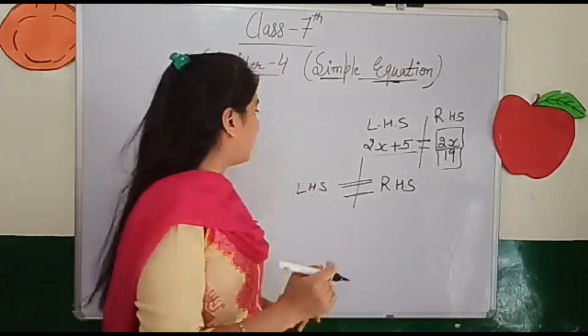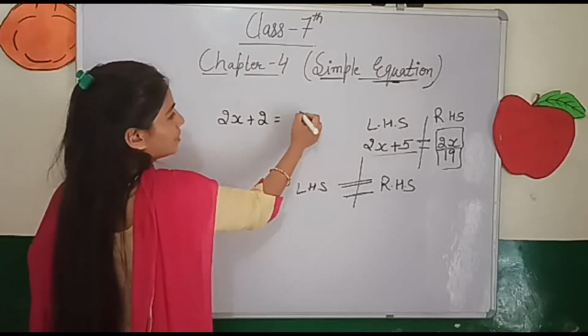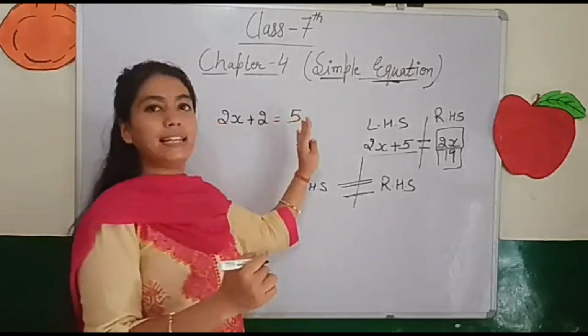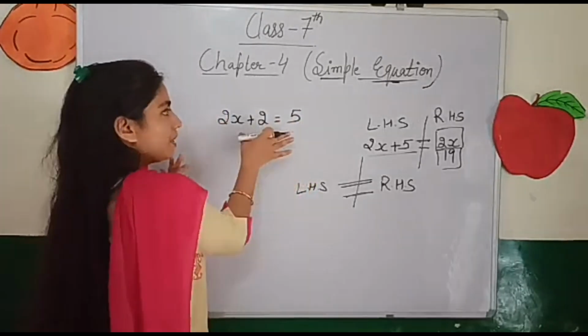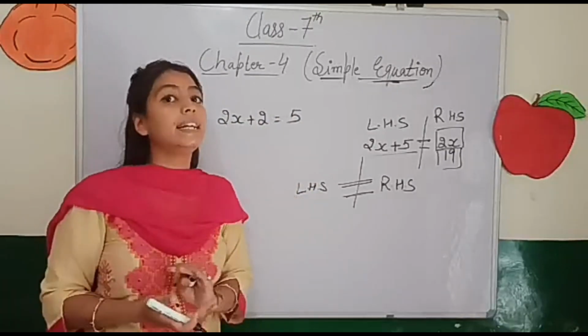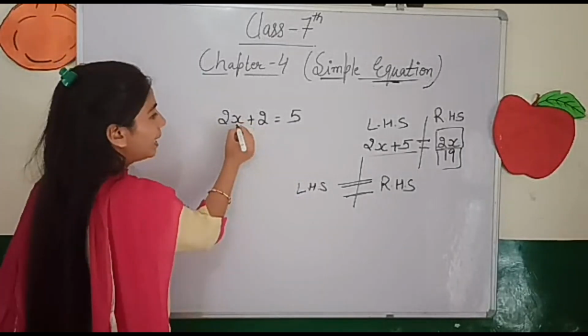Whenever you have terms like 2x plus 2 is equals to 5, is this an equation? Yes, this is an equation. Now is the left hand side equal to the right hand side? We don't know because there is one variable.